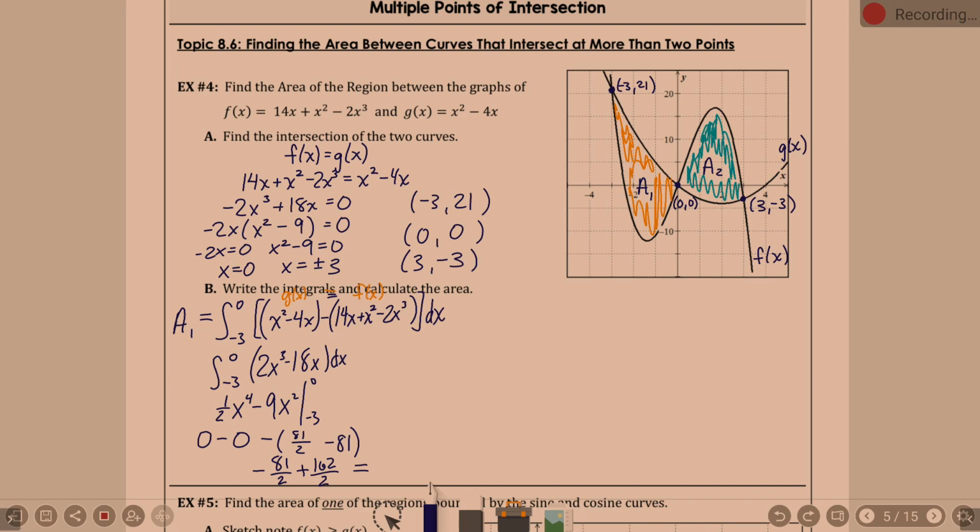Yeah, -81 halves plus 162 halves is 81 halves. It was basically 81 minus half of 81. Are you with me? Okay. Now I'm going to go talk A2.